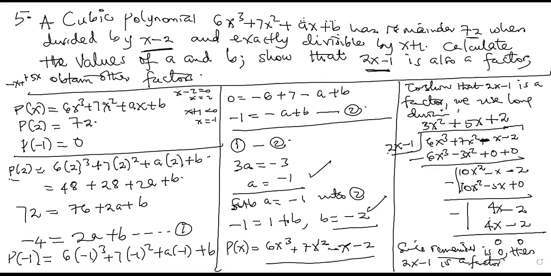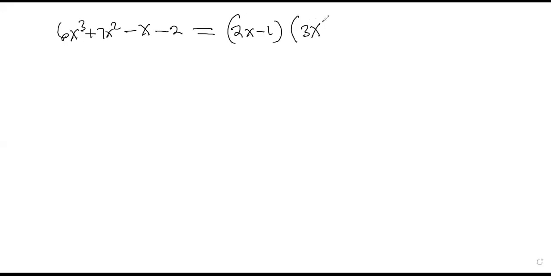So let me rub it off and say that my polynomial, which is 6x cubed plus 7x squared minus x minus 2, is going to be equal to the divisor, which is 2x minus 1, times the quotient, 3x squared plus 5x plus 2, plus the remainder, but the remainder is 0.